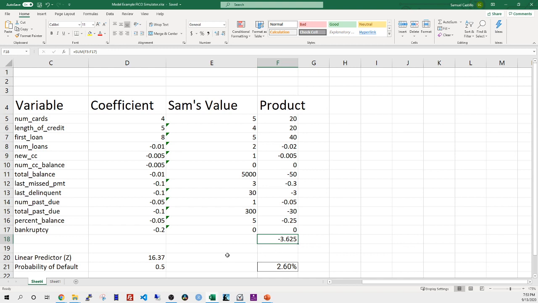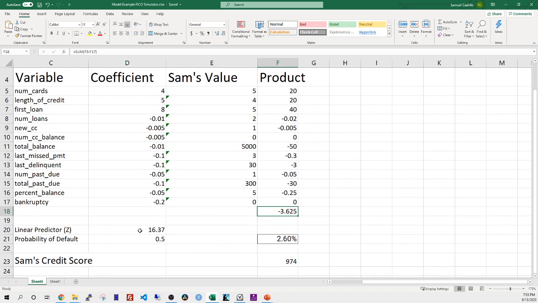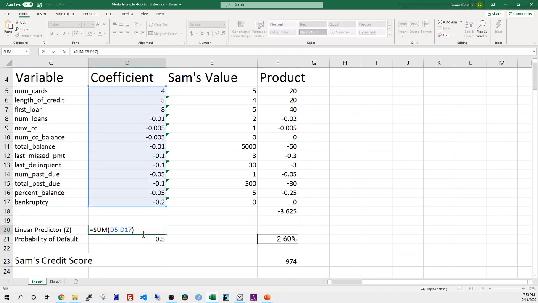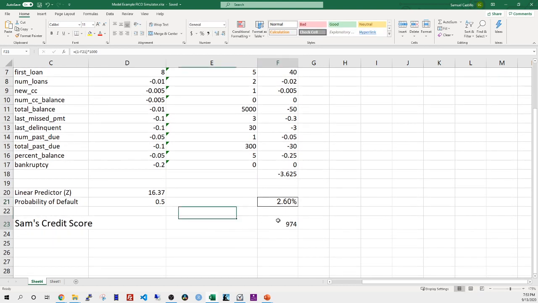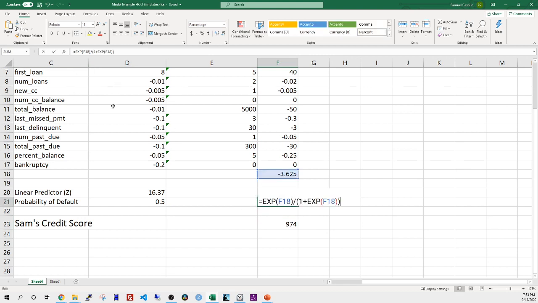Without explaining too much what I'm doing, I'm just going to take the exponent of this number and then divide by 1 plus the exponent of that number. And that will translate it into a percentage between 0 and 1.